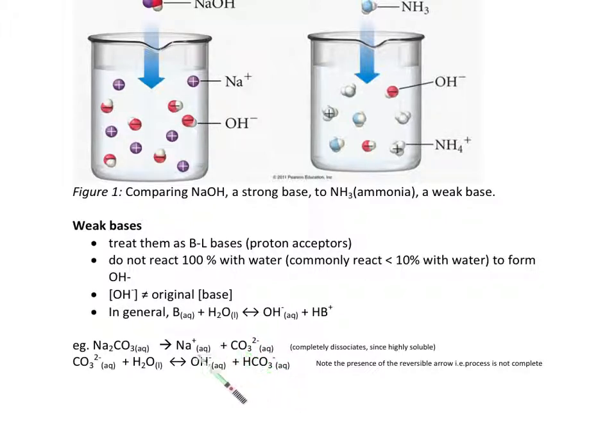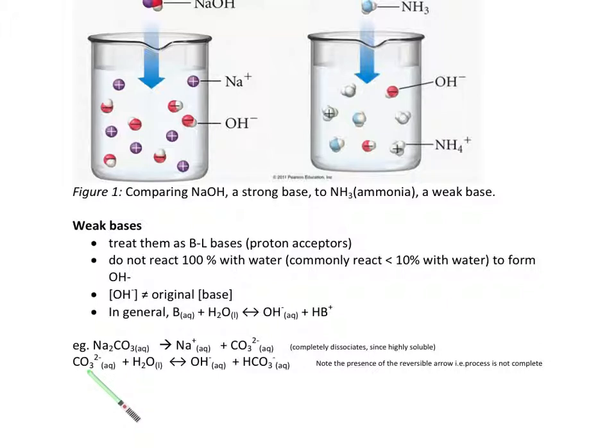Another example of a weak base besides NH3 would be the CO3 2- or the carbonate ion, and that could be produced from the dissociation of Na2CO3. And this will completely dissociate. It's highly soluble, but then when this CO3 2- is interacting with the water in the solution, it's only going to react with it partially, right? Because again, you see this reversible arrow. And so this CO3 2- is acting as a base, which means it's accepting protons.